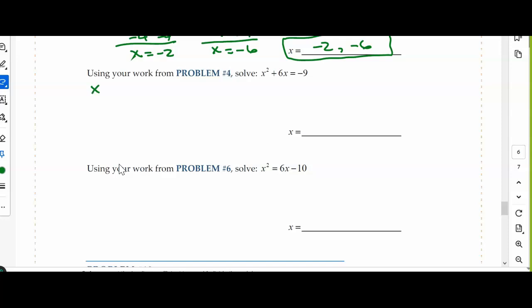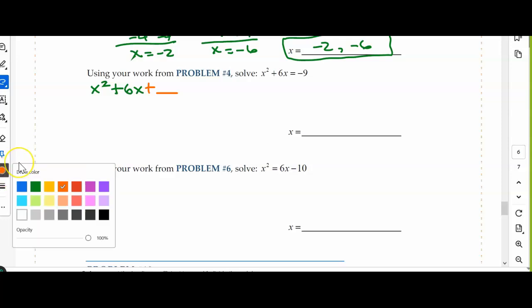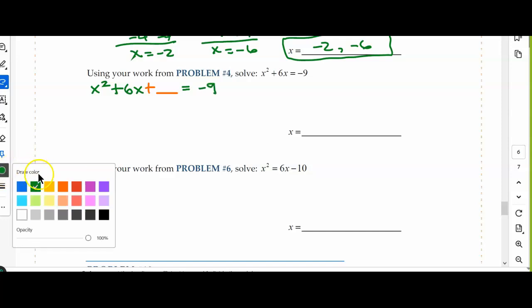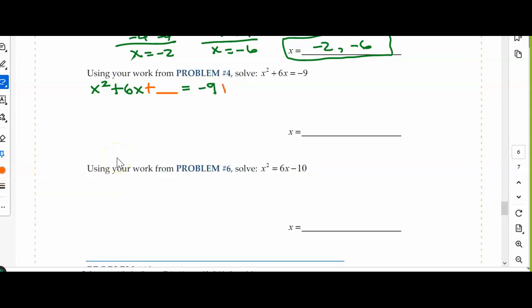So I'm going to have it as x squared plus 6x plus blank. And I've got to figure out what is that magic number that I need to add there to make that a perfect square trinomial. And whatever it is, I've got to add it to both sides.